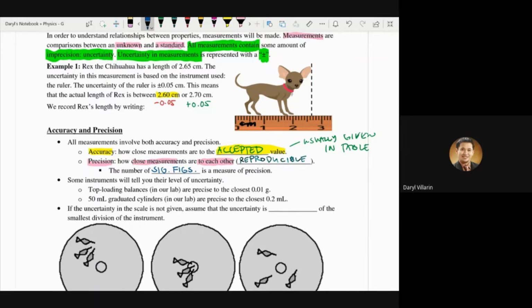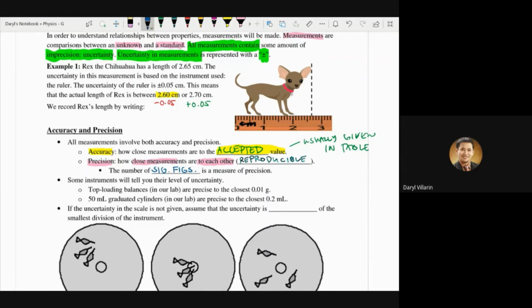Okay. So the number of significant figures gives you a measure of the precision of your measurement. If you are aware of a Vernier caliper, another measuring instrument, it can read up to, I think, 0.01 of a millimeter.